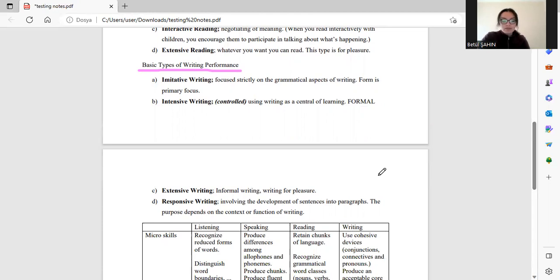You can write your dailies, whatever you had done in the morning, evening, etc. But intensive writing is formal, so essays can be examples for it. And responsive writing, it involves development of sentences into paragraphs. Actually, the purpose depends on the context or function of writing.